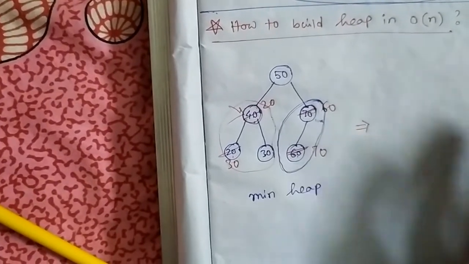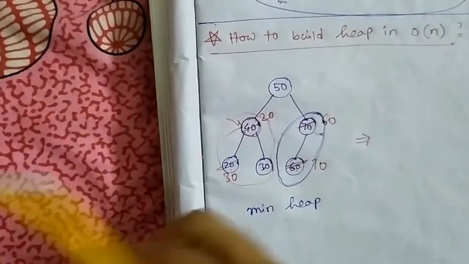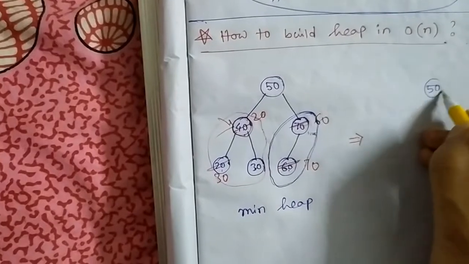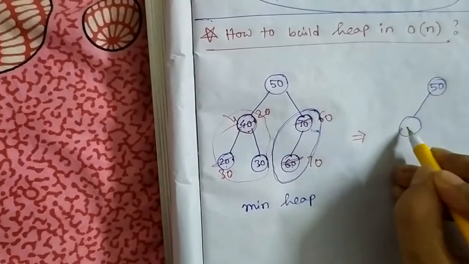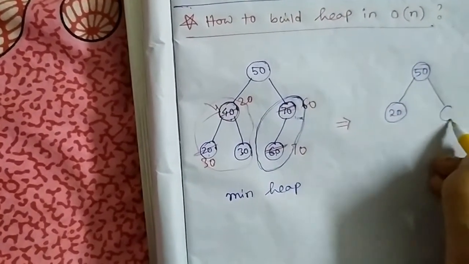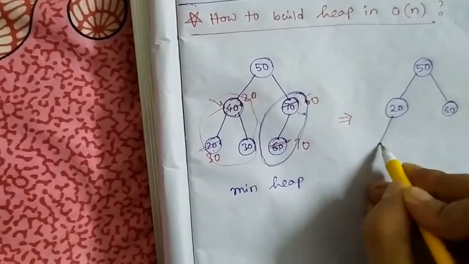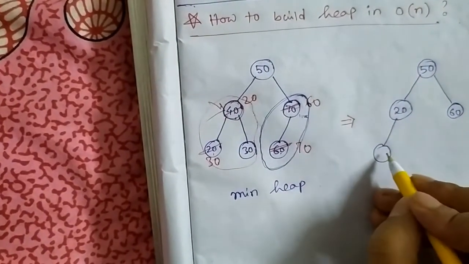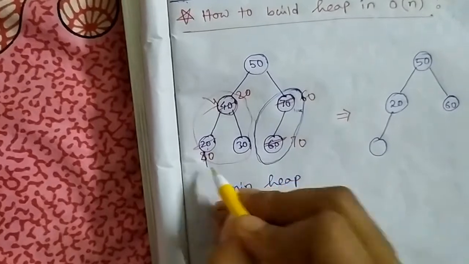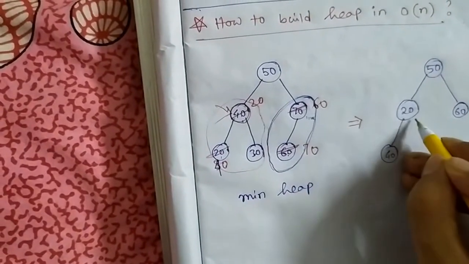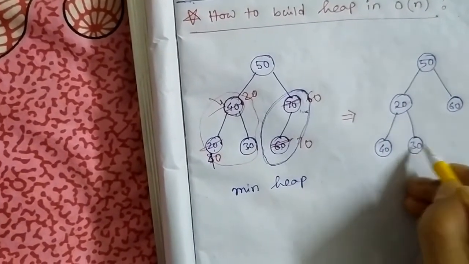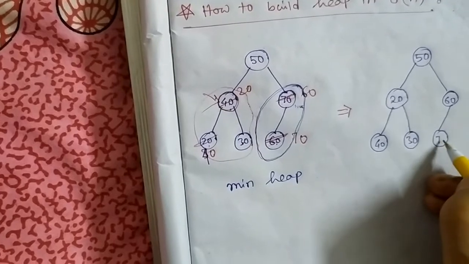So our new heap will be like this: 50 will be at the root, then 20, 60, sorry, this will be 40, 40, 30 and 60.